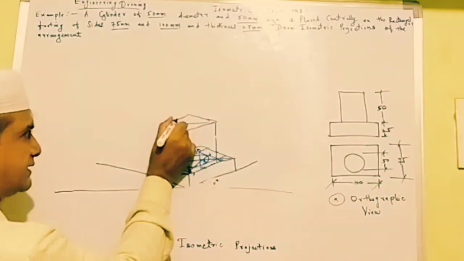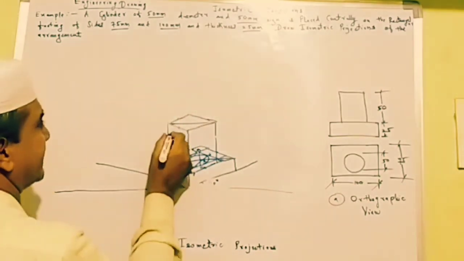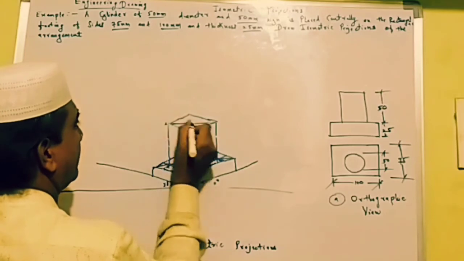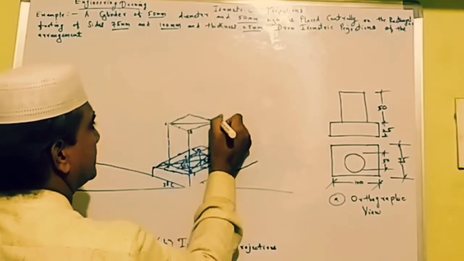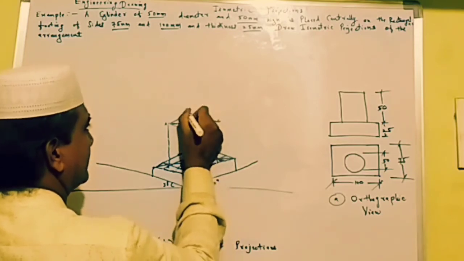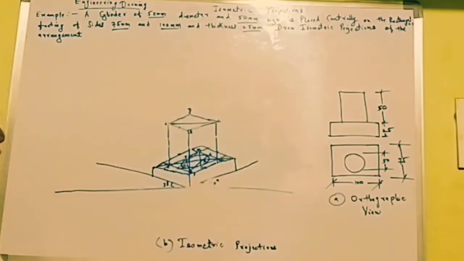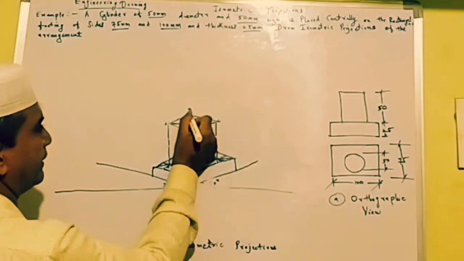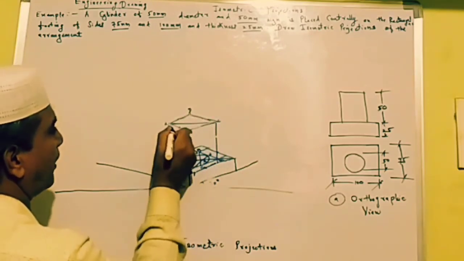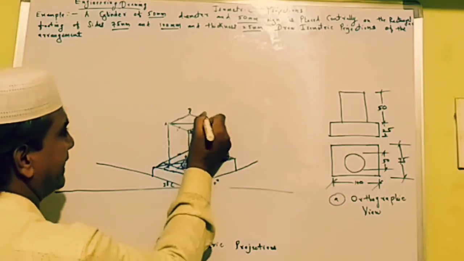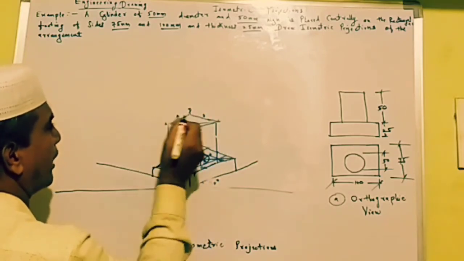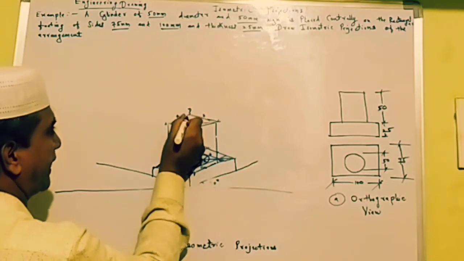Now we shall give names A, B, C and D. Okay, now we shall join the center points. We shall give those center points the names 1, 2, 3, 4.